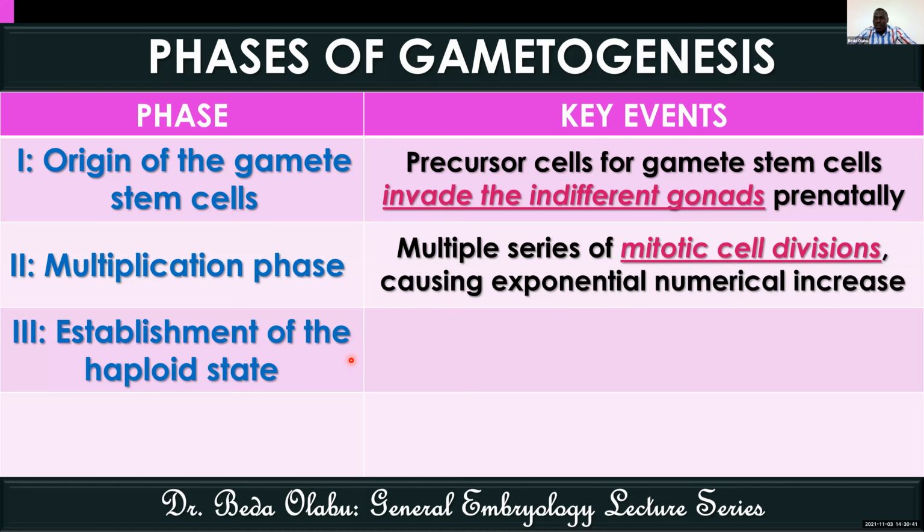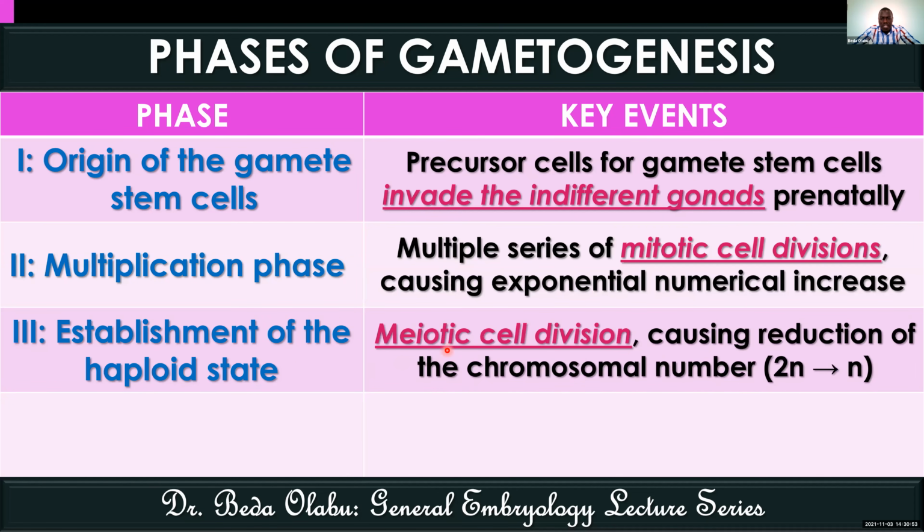So basically, I call it establishment of haploidy. We establish the haploid state through meiotic cell division. The cells undergo meiosis. When cells undergo meiosis, they reduce their chromosomal number by half.